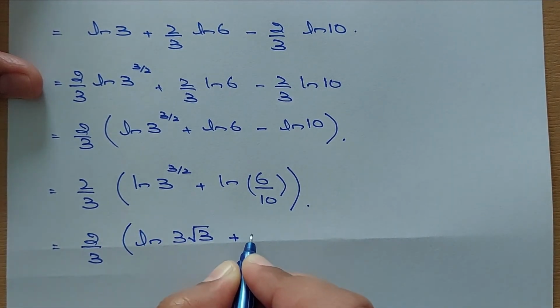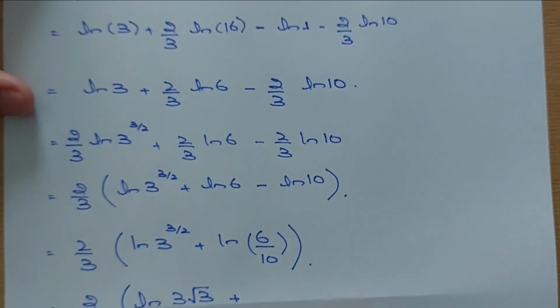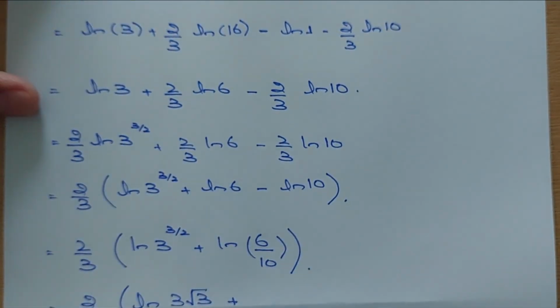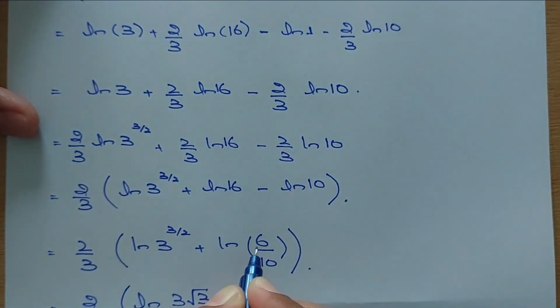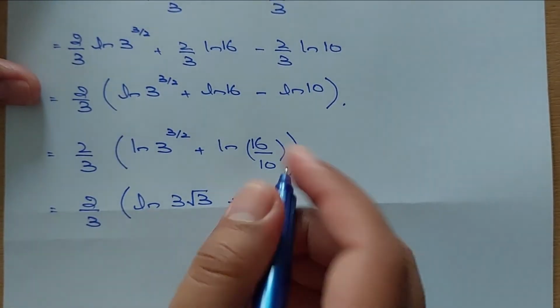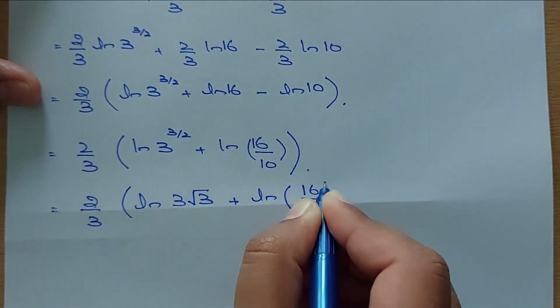Plus, this is 16. Yes, I made a mistake. This is natural log of 16, you can see, not 6. 16, 16, 16 and 16 here.